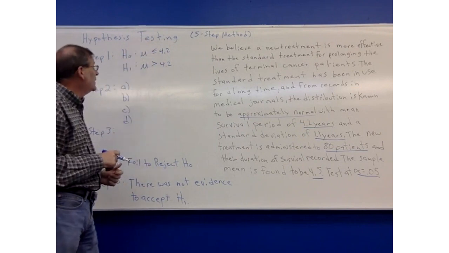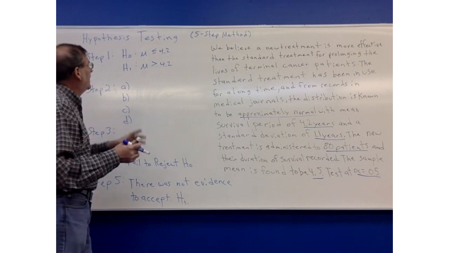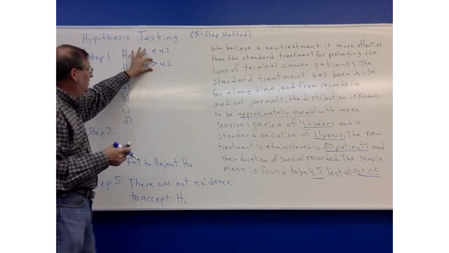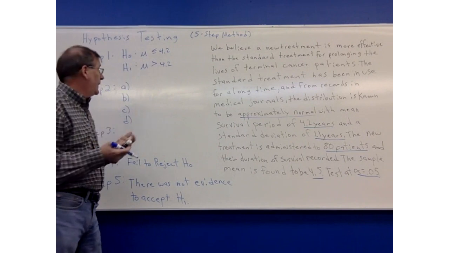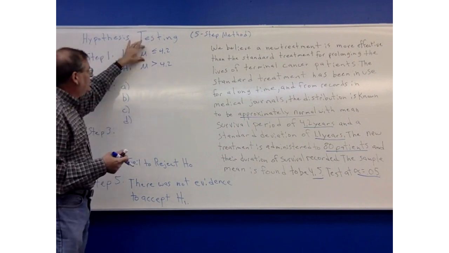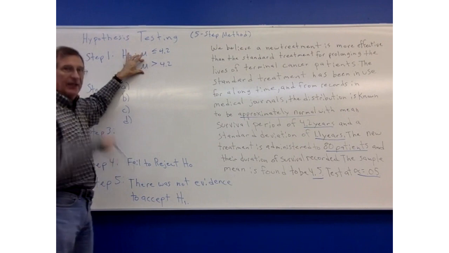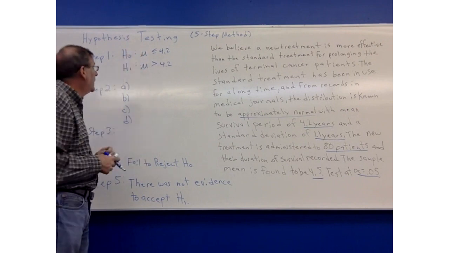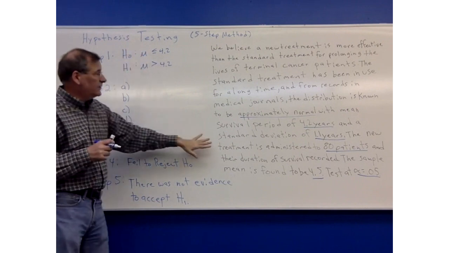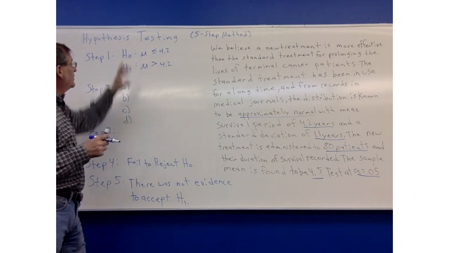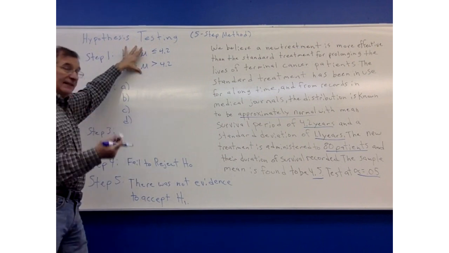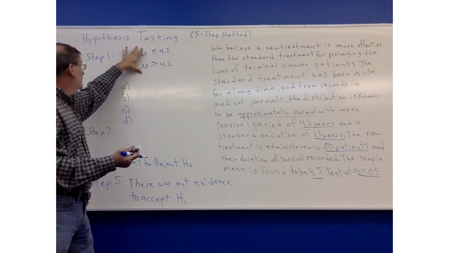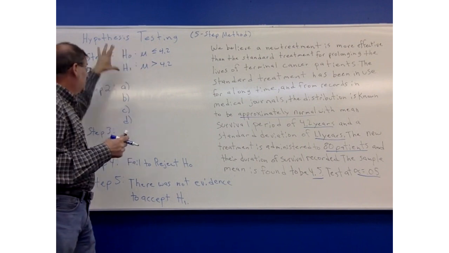You don't advertise that. So sometimes the alternate is going to tell you the direction that needs to be pointed. Sometimes it will be the null hypothesis. But in either case, this is an established claim, and this is a new claim, a challenge to the established claim. After this problem, I am going to go through and do some problems just dealing with the null hypothesis, step one.